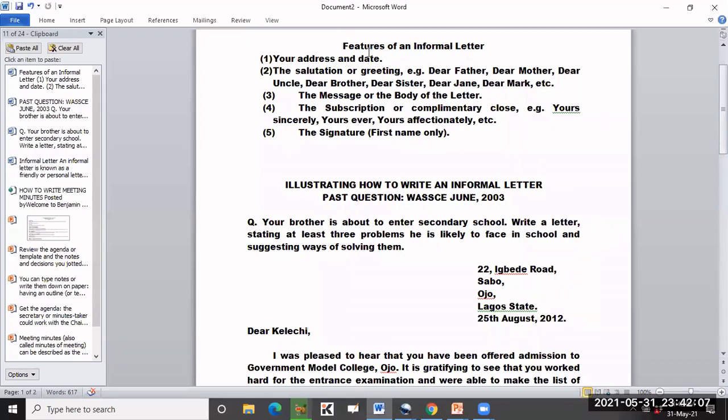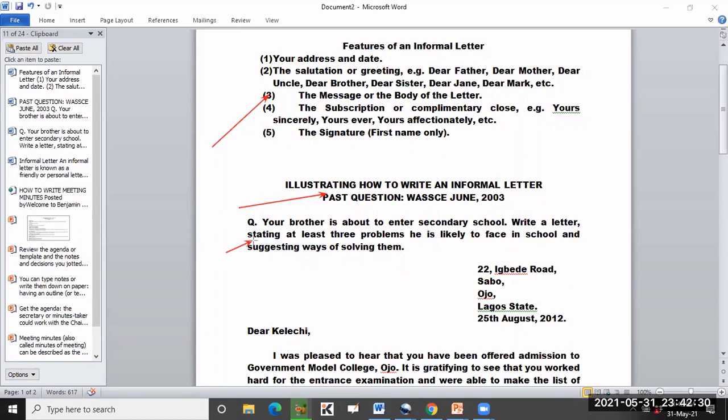We have already looked at the features, but here we are going to illustrate with the past question, West African Senior School Certificate Examination of June 2003. Now the question is this: your brother is about to enter secondary school.